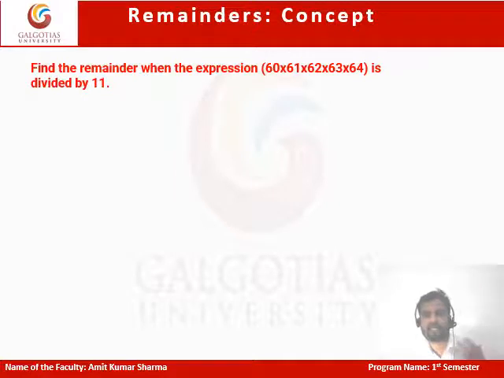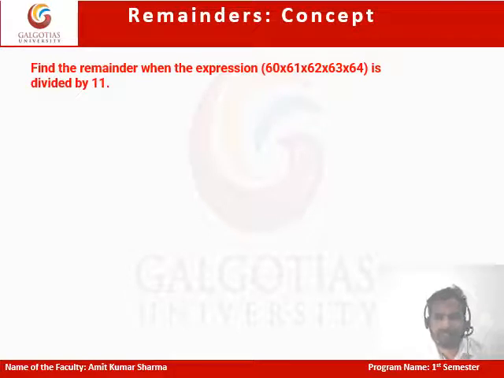Now we are coming to our next concept, which is remainder. How can we find the remainder if a large expression is divided by a number? Read the question carefully. Find the remainder when the expression 60 times 61 times 62 times 63 times 64 is divided by 11.